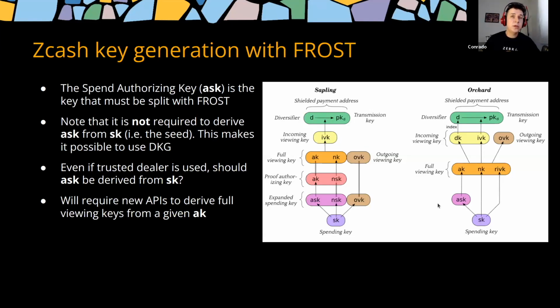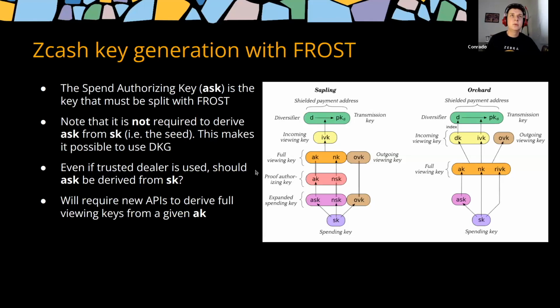And this also requires some API changes, which are not complex, but you need to be able to derive a full viewing key, not just from SK, not just from a spending key, but from AK, a public key from FROST, and an ephemeral spending key that can be thrown away.